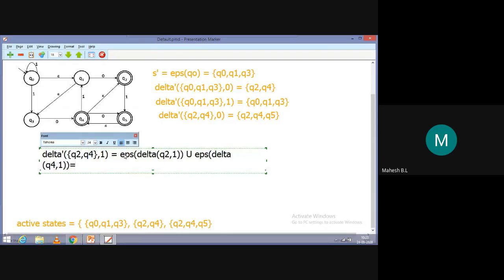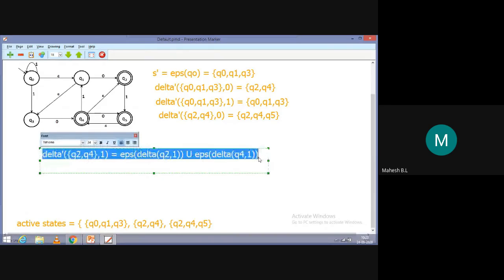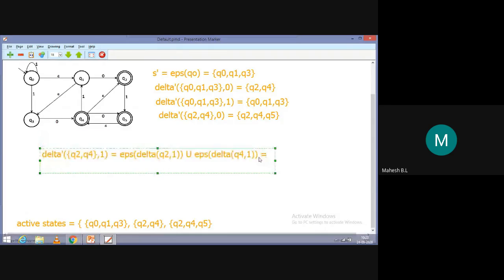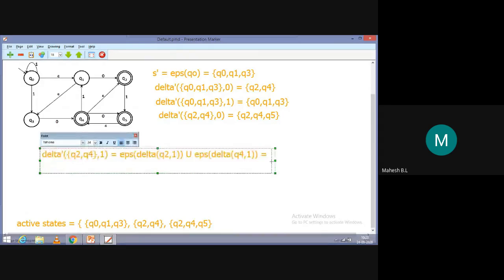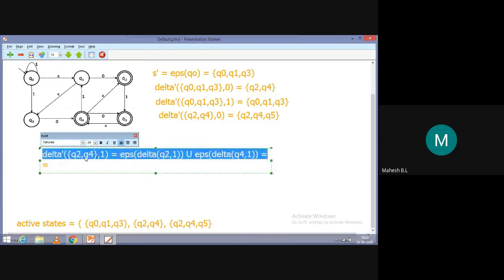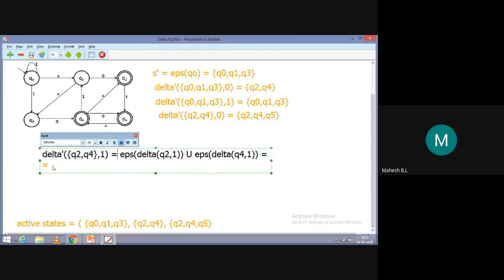This is equal to what? Tell me. Delta of Q2 comma 1.